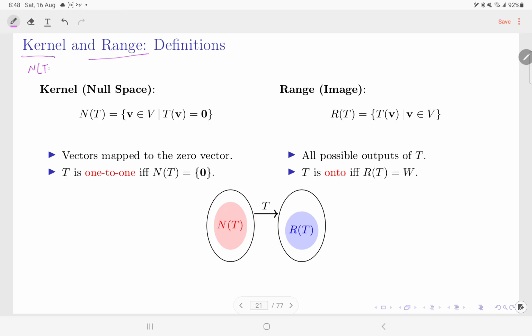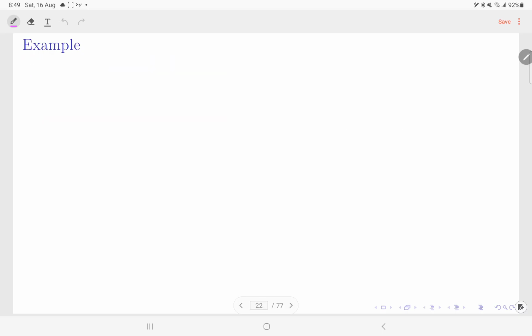This is nothing but the null space of T, and this is nothing but the range of T. Sometimes this is also called the image of T, and the null space is sometimes called the kernel of T. I will come back to the definitions once I explain this. Let me explain it first, then I will give you the example.